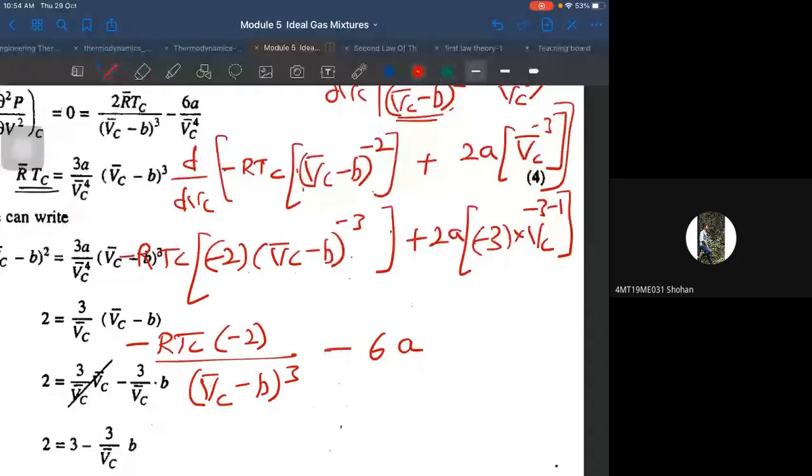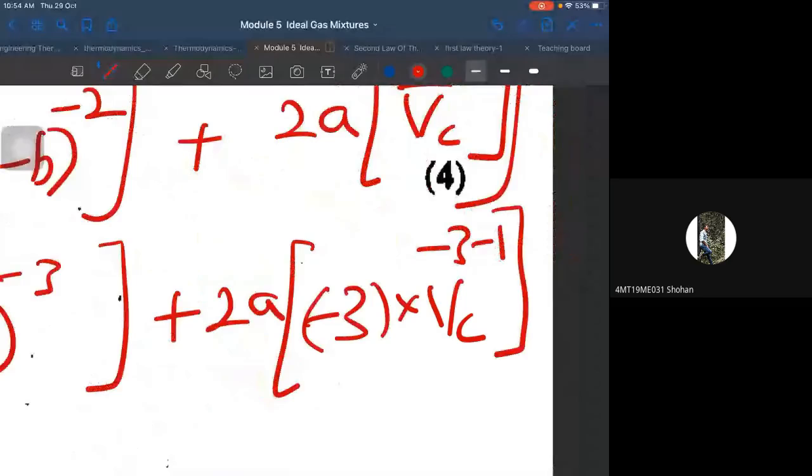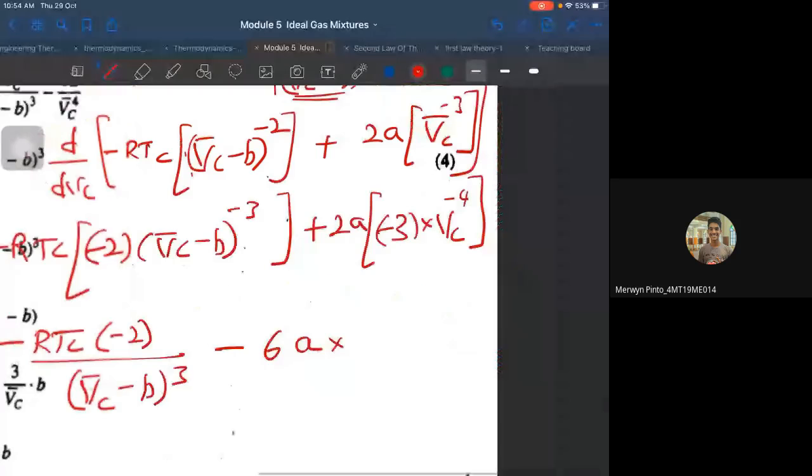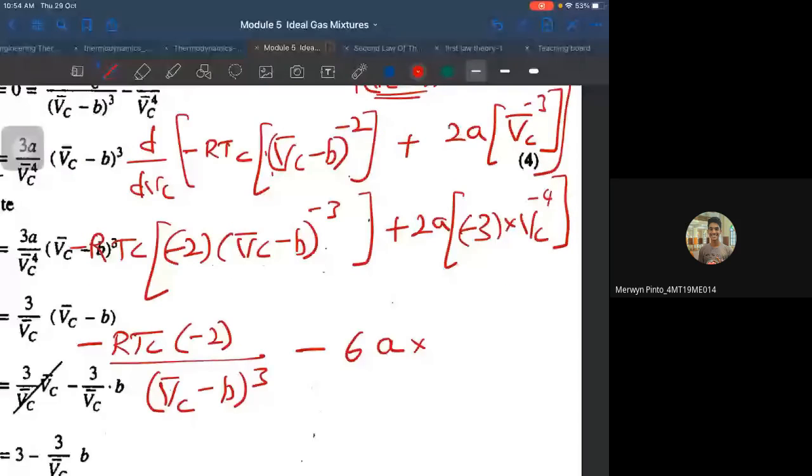So minus 6a into Vc to the power of minus 3 minus 1. How much? Minus 4. So when I take that Vc to the power of minus 4 in the denominator, can I just write it as Vc to the power of plus 4 here? Yes, sir.